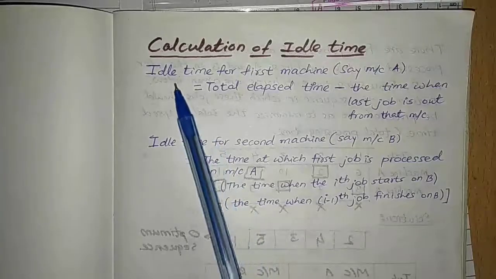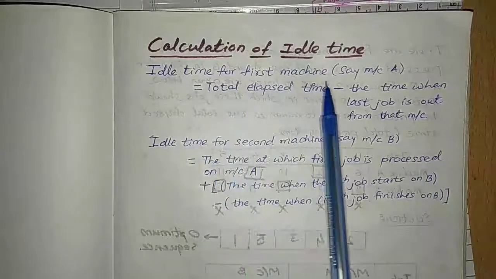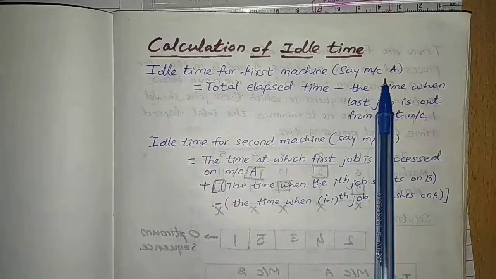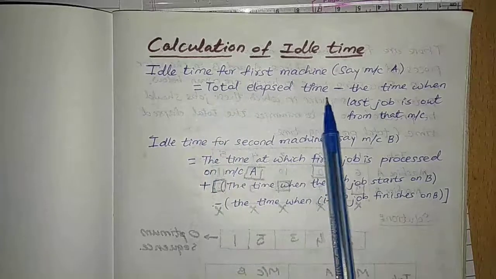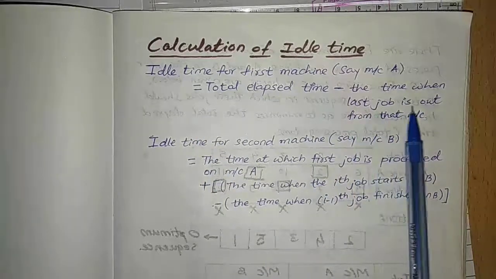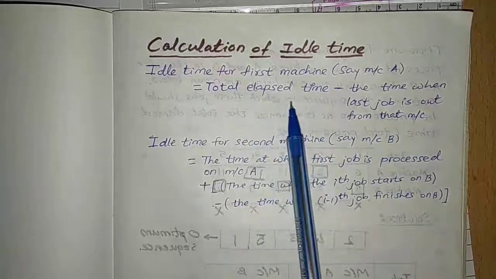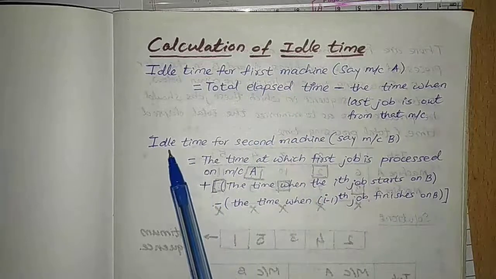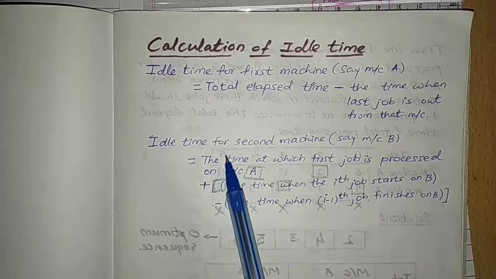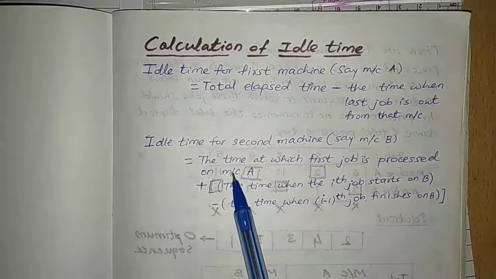We are using here this formula for calculating the idle times. So idle time for first machine, so let us say here machine A, so it is calculated as total elapsed time minus the time when the last job is out from that machine. So this formula is applicable for calculating the idle time for first machine. Now if you look at the calculation of next successive machines, then we have to use this formula.